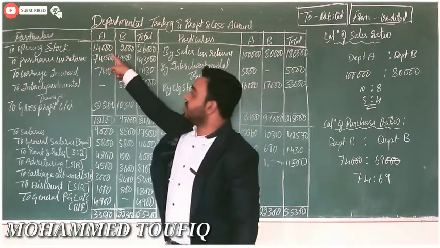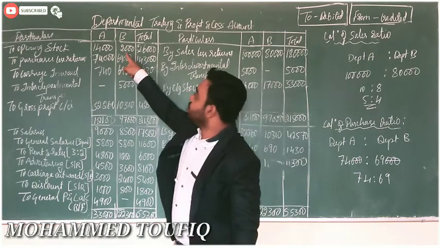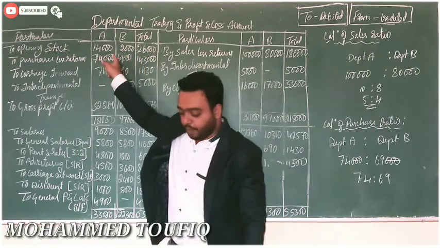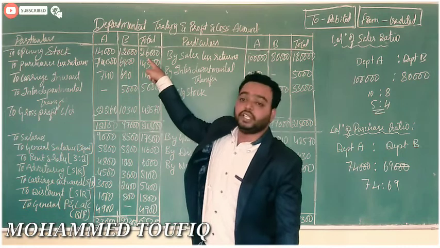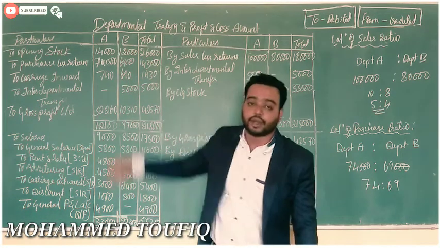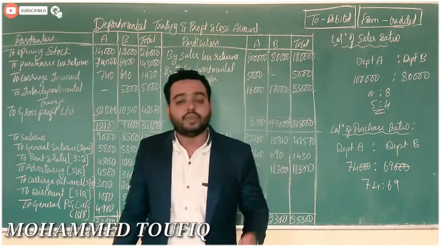The opening stock is 14,000 for department A and 12,000 for department B. The total opening stock of both departments is 26,000, which we have written. After writing the opening stock, you have to write purchases.